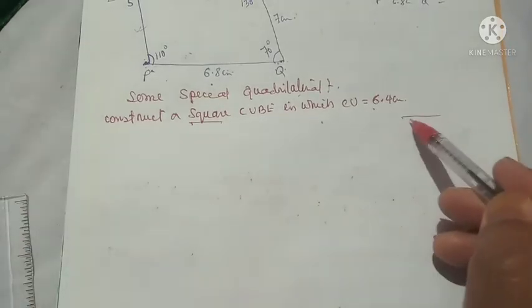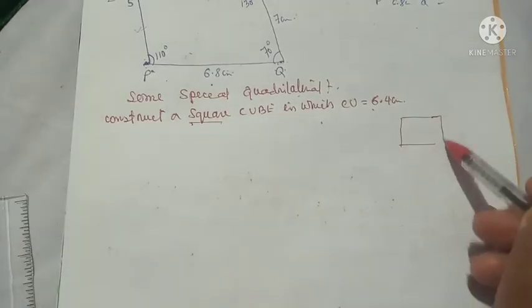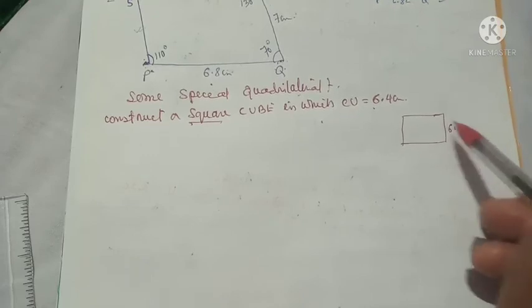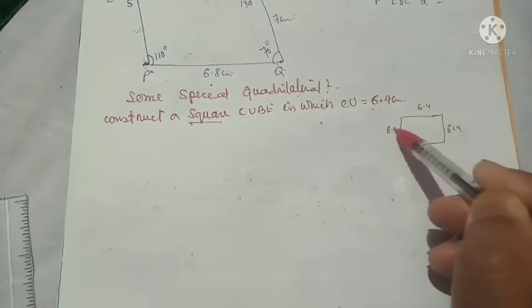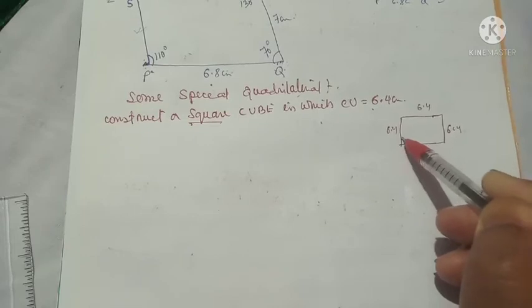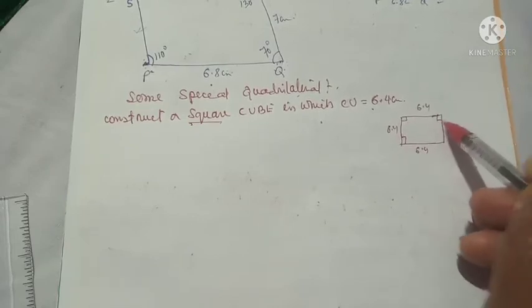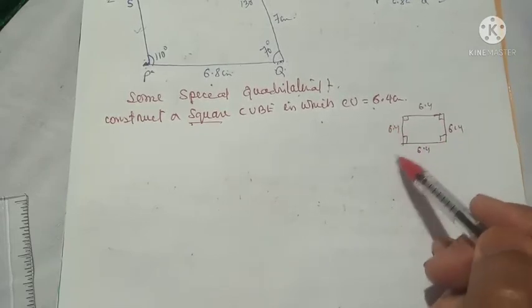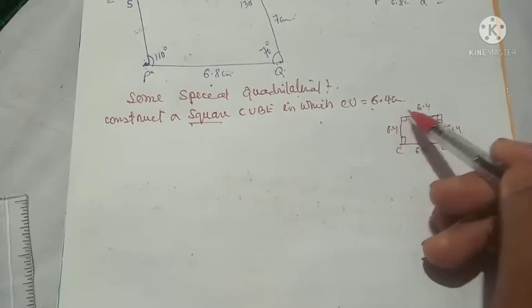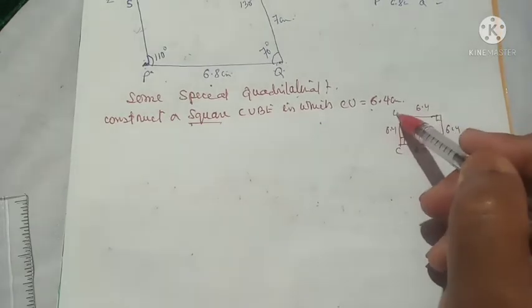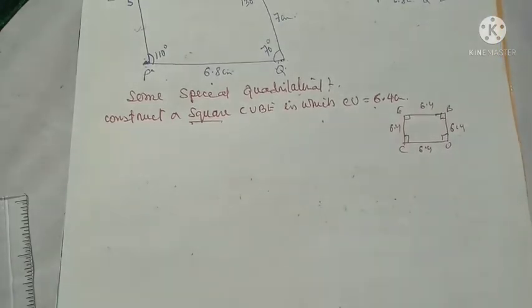Then we will draw one square here. All the sides are 6.4, 6.4, 6.4, 6.4. All the interior angles inside the square are 90 degrees. CU, then BE. We need to construct this square.